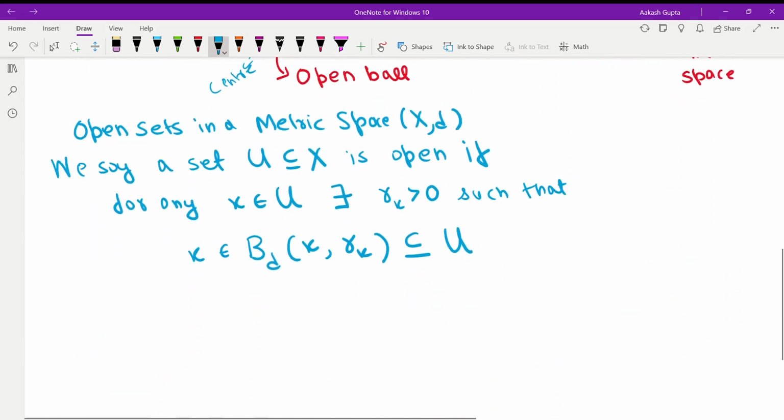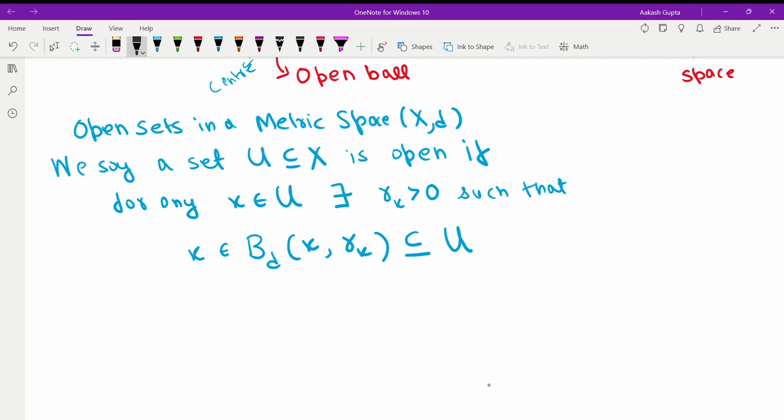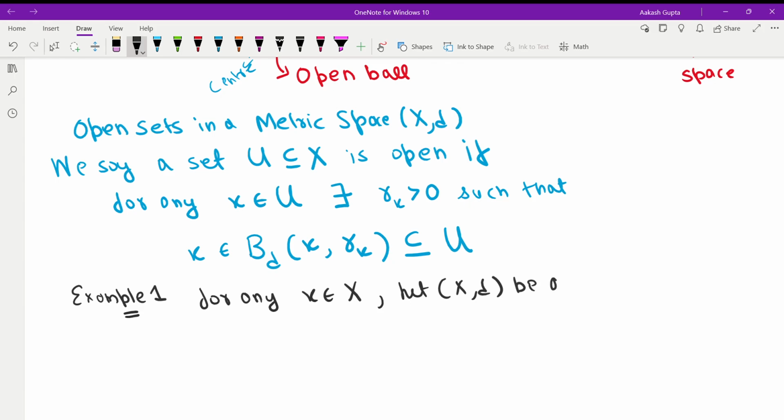So let me proceed with my example 1. I'm just quickly writing it since I'm assuming you guys know this fact. Let X, D be a discrete metric space.